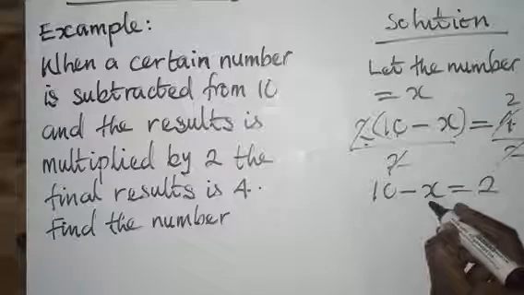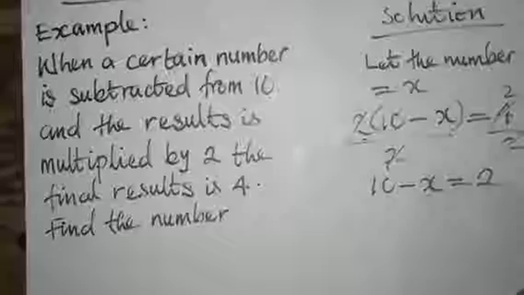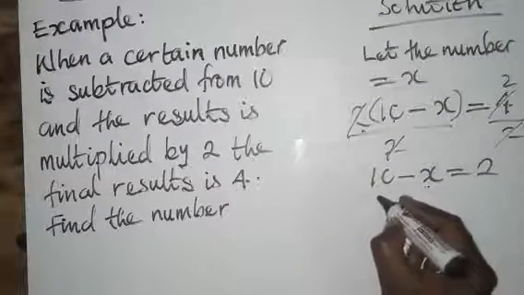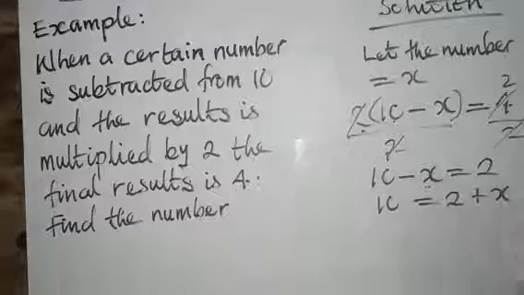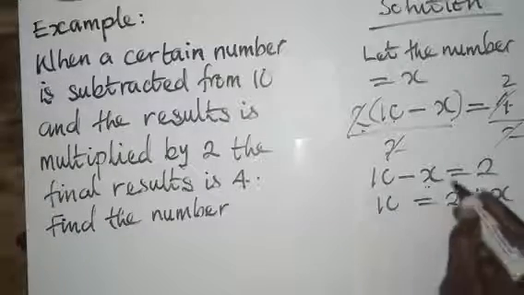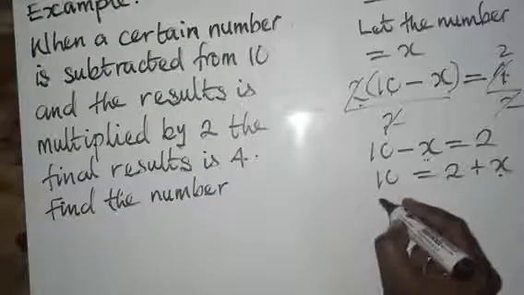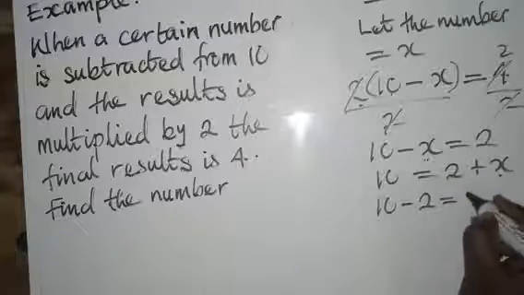I want x, so I'll let x cross the equal sign. When x crosses the equal sign, I'm going to get 10 equals 2 plus x. It's x I want, so I'll let the 2 come back. So 2 coming back, I'm going to get 10 minus 2 equals x.